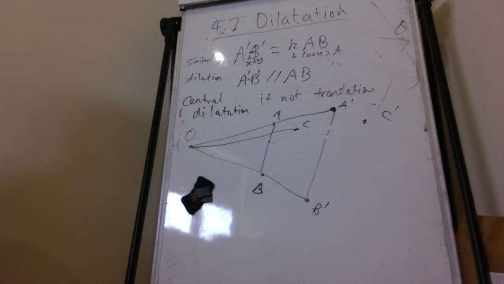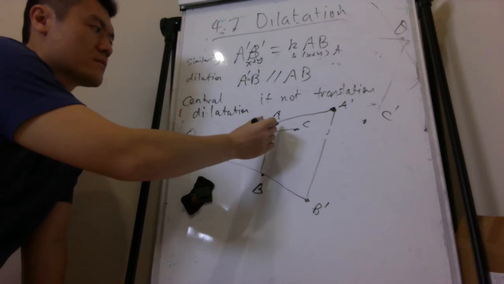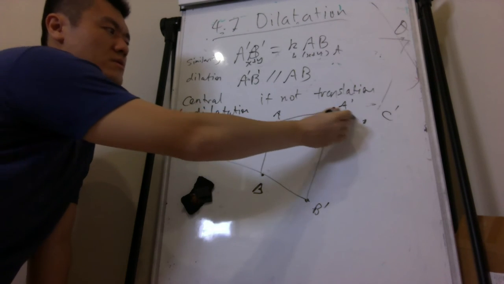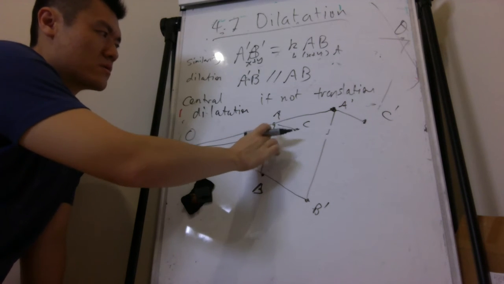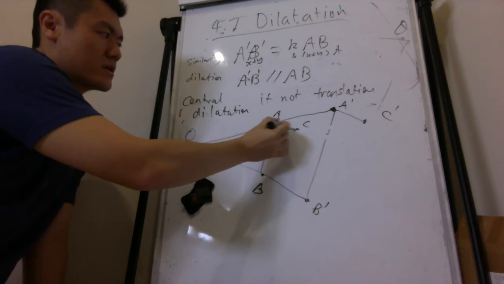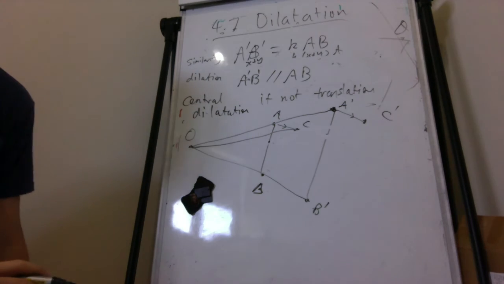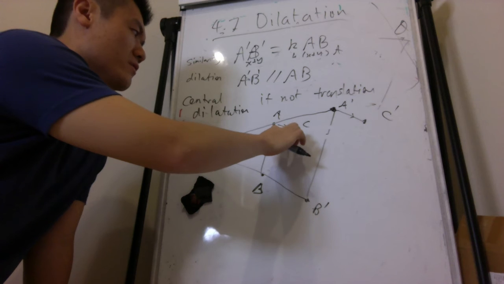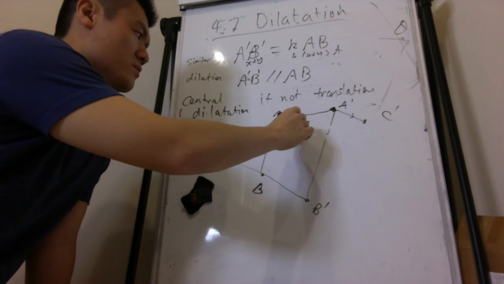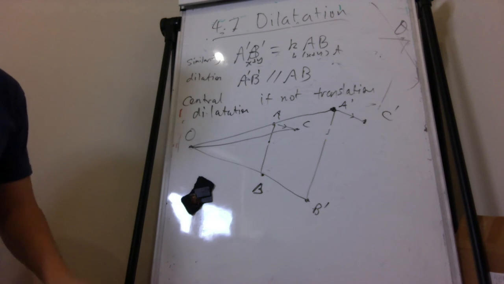AC and A prime C prime are parallel. Yeah, that's right, so we're using the assumptions now. Sometimes it's important not to understand stuff, because you can't understand stuff that's not true. So AC is parallel to A prime C prime. We don't pretend that they're collinear, but we can still join the segment.